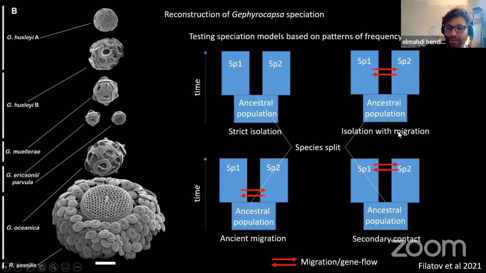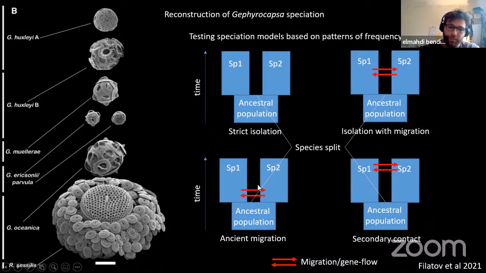And the isolation with migration is a continuous pattern of speciation where you have a continuous gene flow. And we can have 2 other specific models still based on the isolation with migration. We can have the ancient migration or the secondary contact.